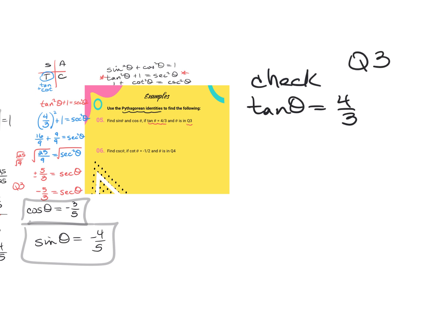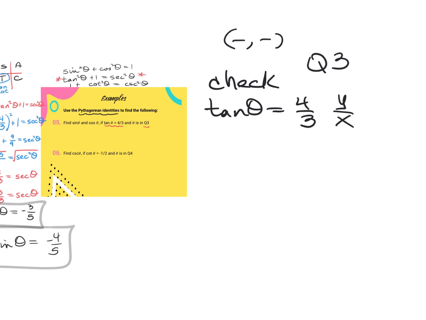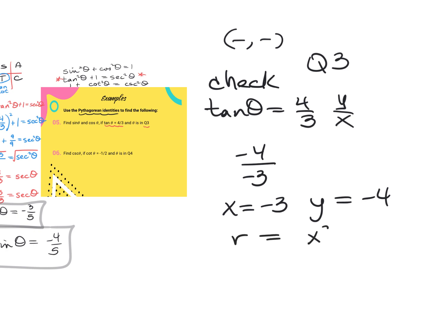Remember, the signs on the ordered pair in quadrant 3 are going to be negative, negative. Remember, tangent is y/x. So really what went into this was a -4 over a -3. So my x is -3, my y is -4, and then to find r, all we have to do is square root x squared plus y squared.